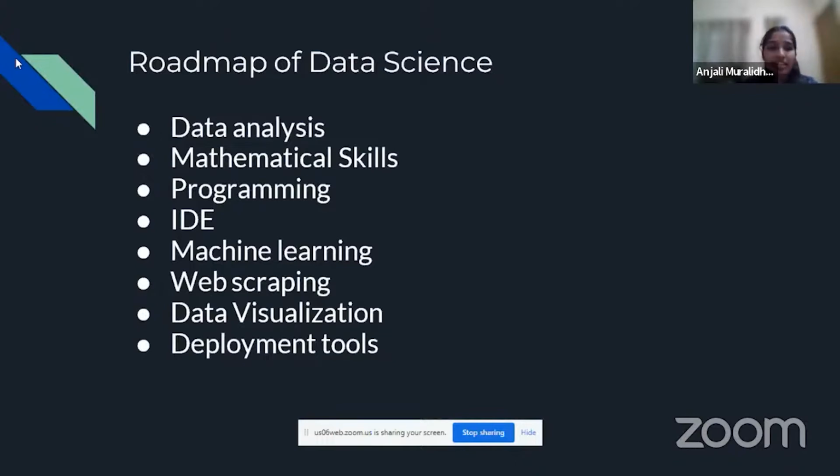Then an IDE, an integrated development environment, machine learning, web scraping, data visualization, and deployment tools which we use for data science. This is just a generic overview which I'm presenting to you. We'll go into detail in the further slides.